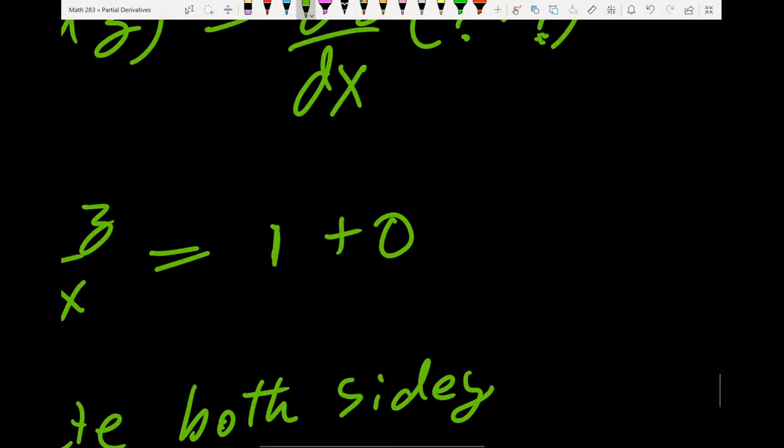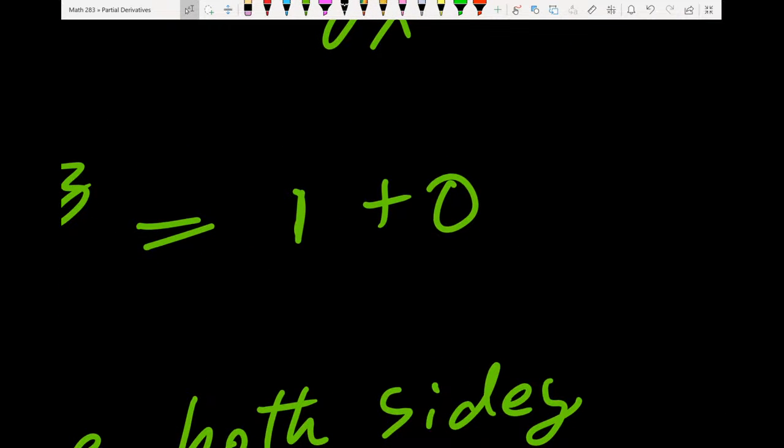Technically, this is what I want you to look at, though. This is technically dx over dx, and this is technically dy over dx, right? So you're taking the derivative with respect to x, so therefore, the derivative of x is 1. But you're taking the derivative of y with respect to x, and in this case, x is the variable, whereas y is the constant. The derivative of a constant will be 0.